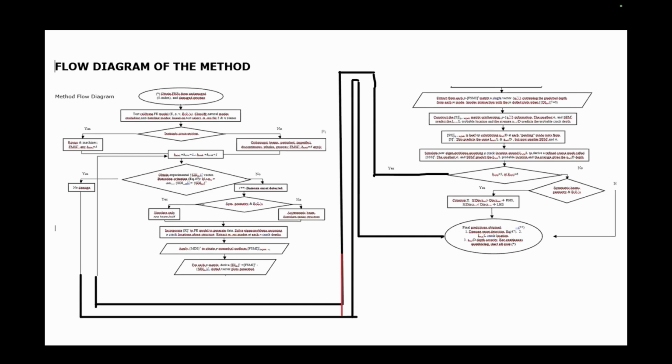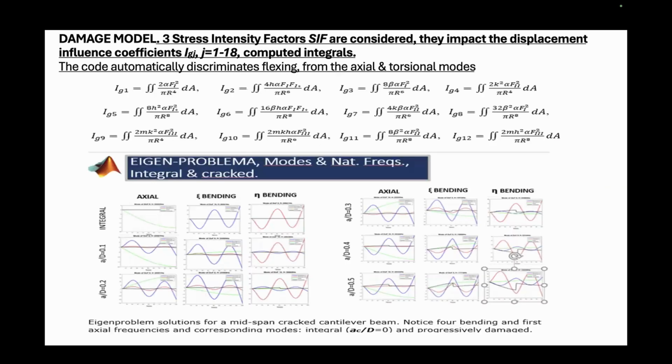This is the flow diagram of the method. You start from here and then go over there to here. It would be too lengthy to explain it, but I'm going to try to do it graphically, so you would see it better.